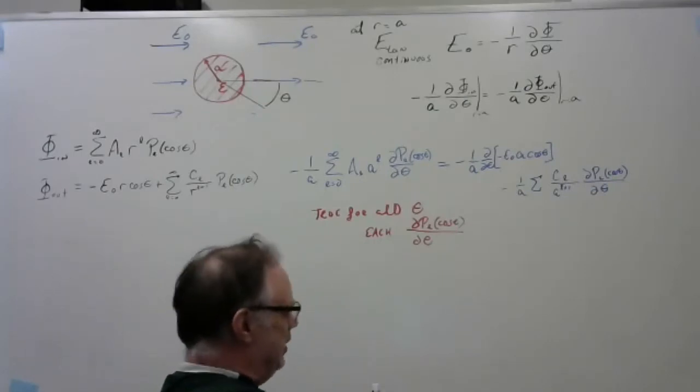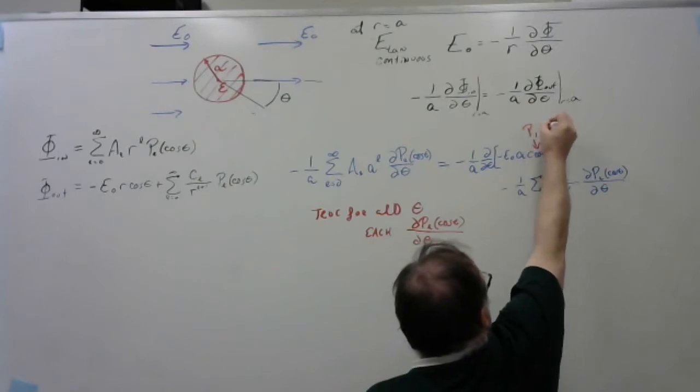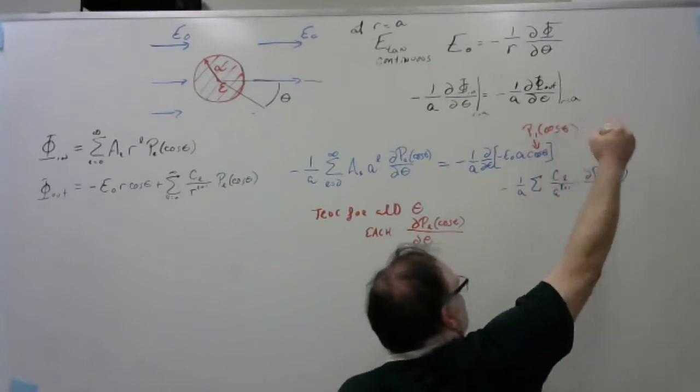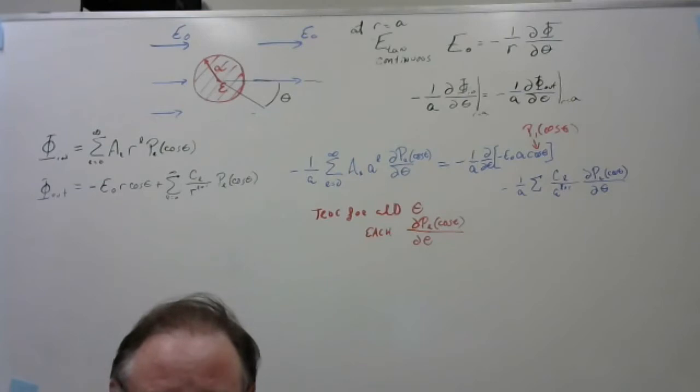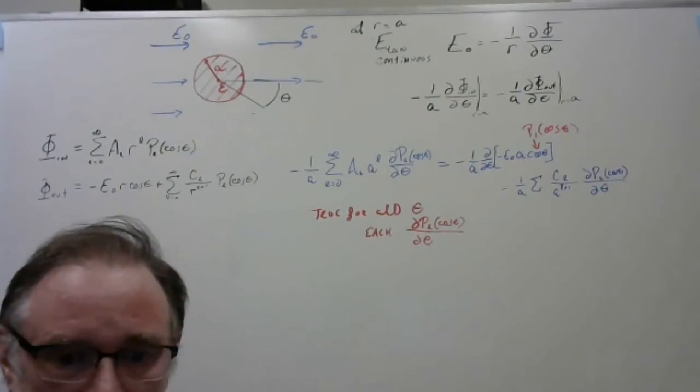Now, the one thing to remember is that this right here is P1 of cosine theta, so we want to remember that because that'll be a little special case. So we'll take care of the A1 terms separately.